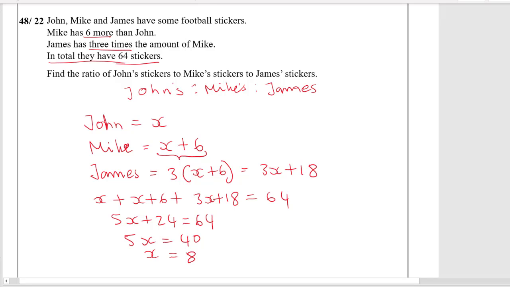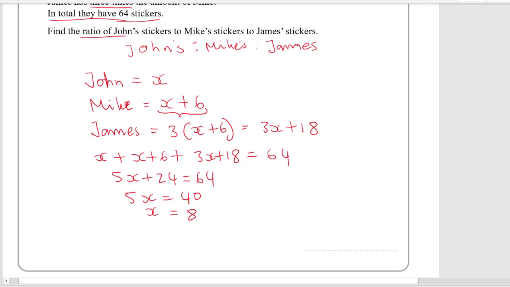Now we need to write down their stickers in ratio. Find the ratio of John's stickers to Mike's stickers to James's stickers. So we need to substitute. Let's find out what John was. John is x, so the value of x, we've got 8 stickers. Mike is x plus 6, so it'll be 8 plus 6, which is 14.